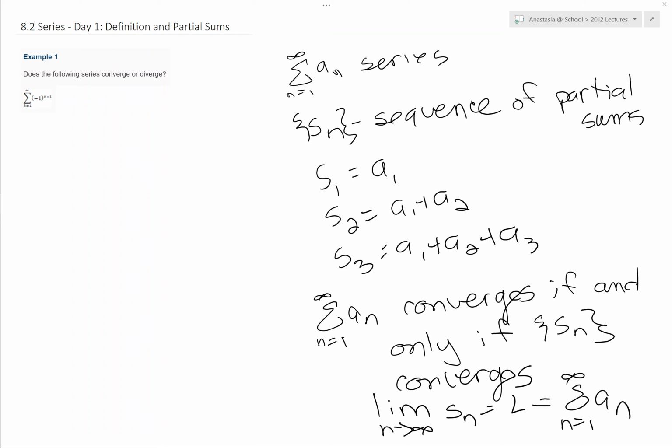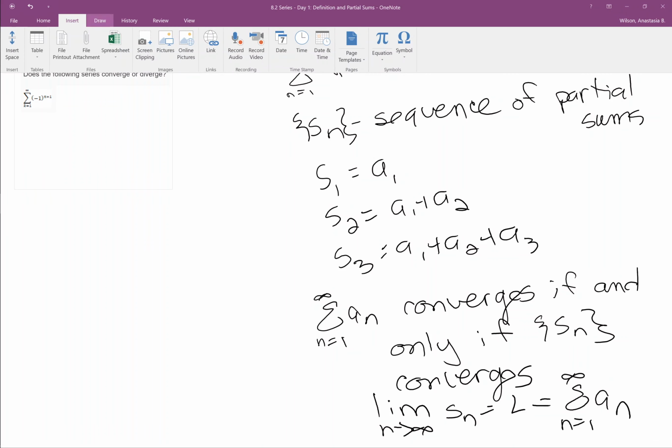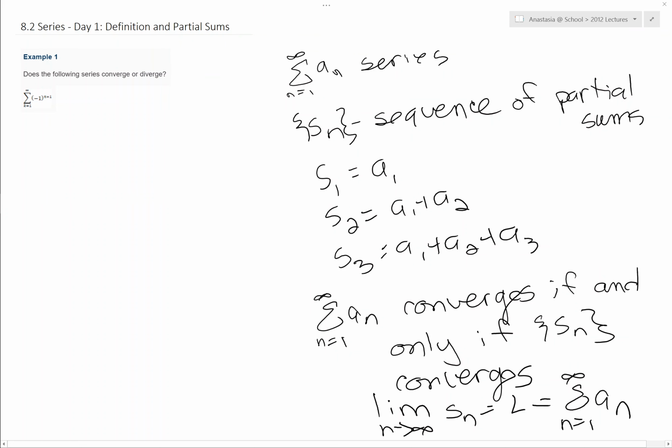So to determine if the series in example 1 converges or diverges, we are going to look at the sequence of partial sums. So the series that we have in this example is the sum from k equals 1 to infinity of negative 1 to the n plus 1, and I'm sorry, that's a typo. It doesn't really matter what letter is used for the index, but it should be consistent.